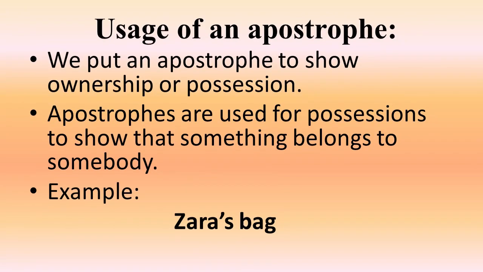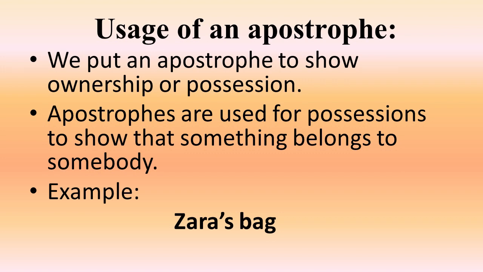Usage of an apostrophe. We put an apostrophe to show ownership or possession. This means that whenever we want to show that something belongs to someone, we always use an apostrophe. Apostrophes are used for possessions to show that something belongs to somebody.